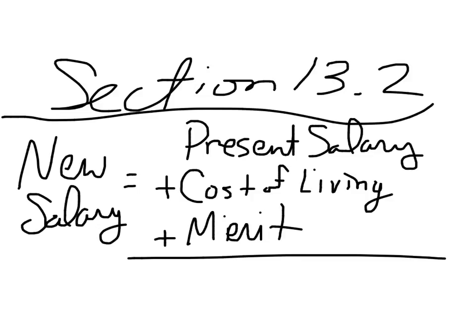On page 490, number 1 says, Sam Jordan is a project leader, salary level 1 position for EPD Incorporated. He receives a 2.8% cost of living and a 2% merit increase. Find the new salary.